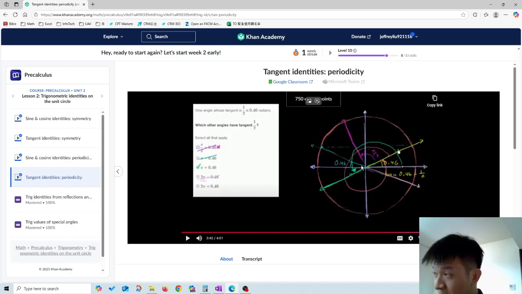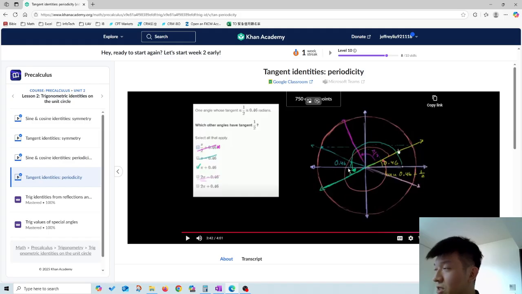The second one, pi minus theta, is this one right here, right? Pi, the flat one, minus the theta, going this way. Is this one the same? Well, the sign is not the same, because here you have a positive sine, of course, but you have a negative cosine for this green bluish line here, right? So that one does not apply either.